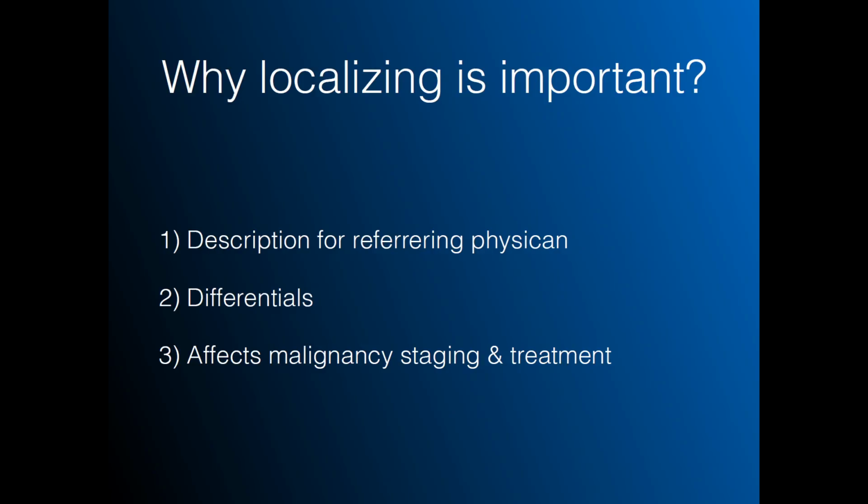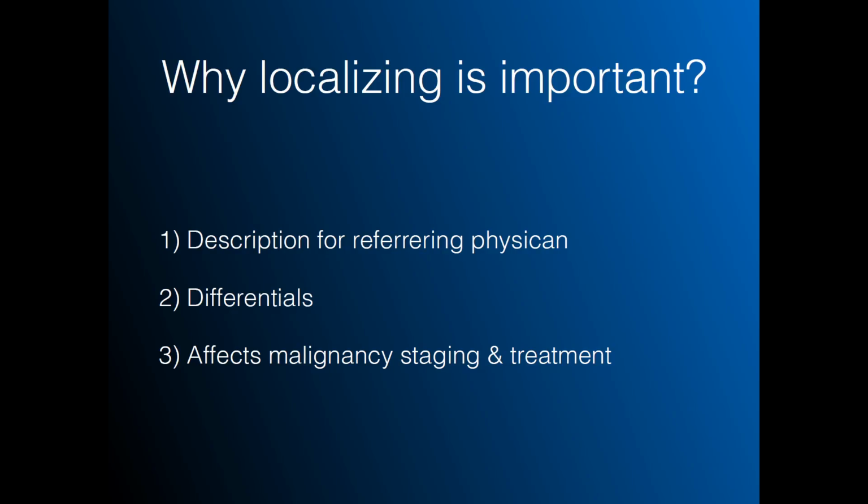So with the neck spaces, why is it important? It's a small area, lots of spaces. Three things. It's important for you to describe the abnormality accurately so your referring physicians know where they're going to operate or to treat. It helps you narrow down the differentials.